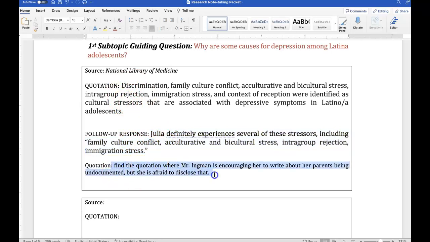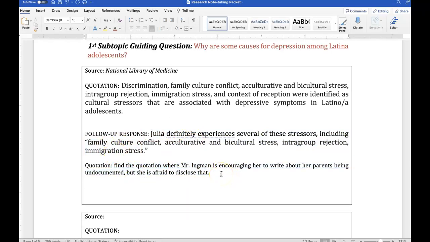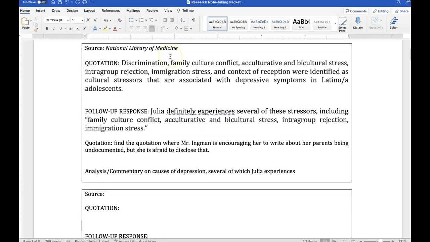I find a quotation from the novel that shows this, and then I'm going to have my own analysis and commentary on causes of depression, several of which Julia experiences. Okay, so this gives me one solid paragraph. So that's just for that subtopic guiding question.